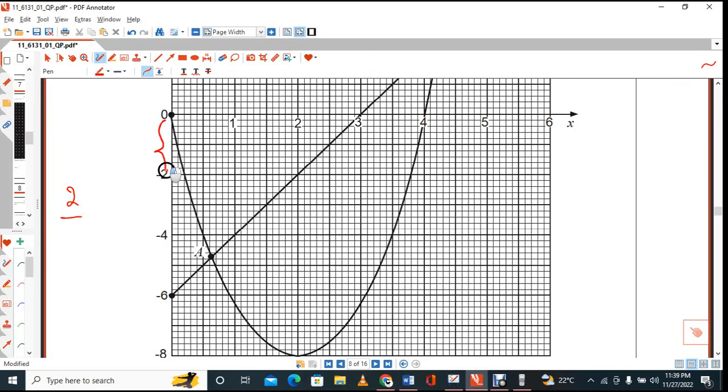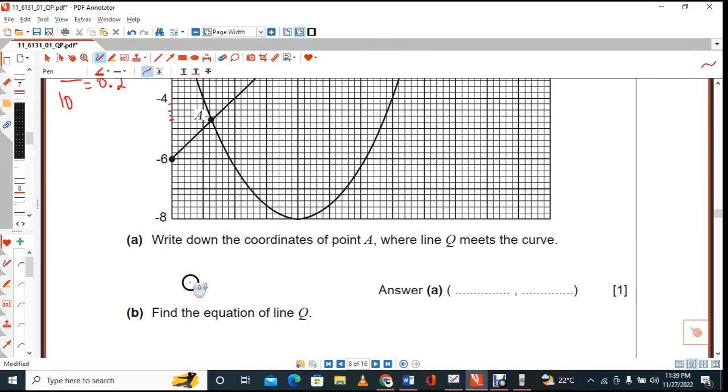Can you see that? So each one represents 0.2. So that's going to be negative 4.2, negative 4.4, negative 4.6, negative 4.7, so to speak. So the y value is negative 4.7, and that's the value that everybody should have.